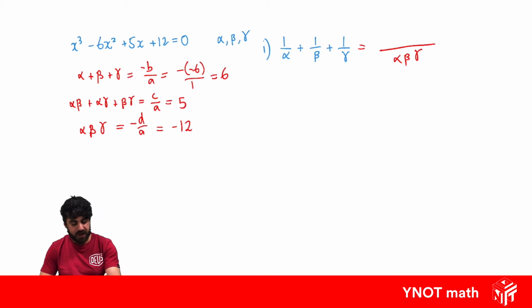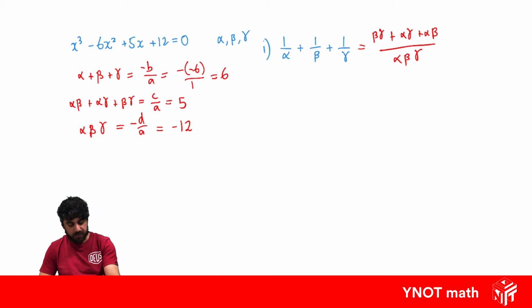Alpha goes into alpha, beta, gamma times, and beta gamma times 1 is beta gamma. Beta goes into alpha, beta, gamma times, and alpha gamma times 1 is alpha gamma. And gamma goes into alpha beta times, and alpha beta times 1 is alpha beta.